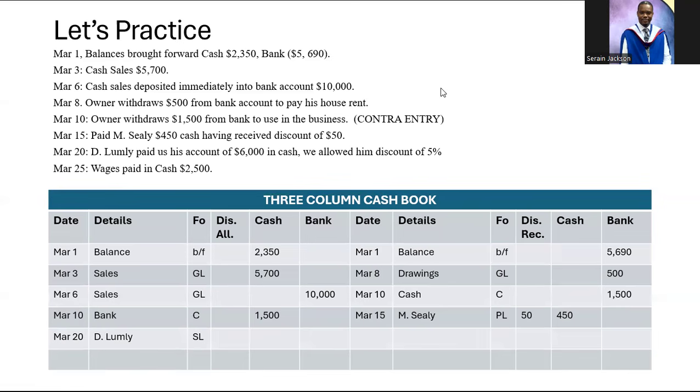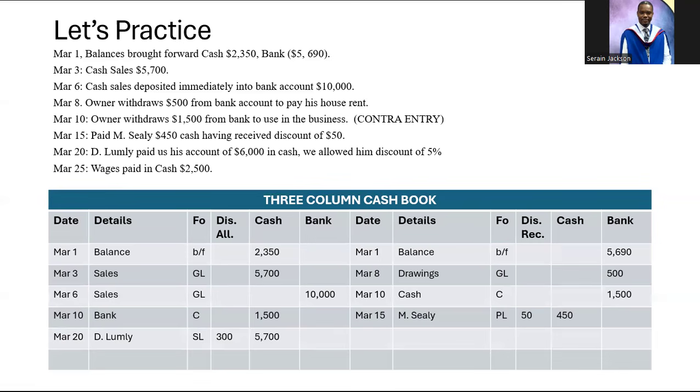So you write the $300 in the discount allowed column, and then you will have to subtract the discount from the amount that he was supposed to pay you, and that would leave us with 5,700. So it is 6,000 minus 300, which is the discount, leaving us with 5,700.